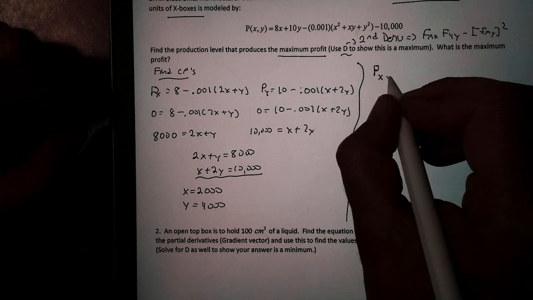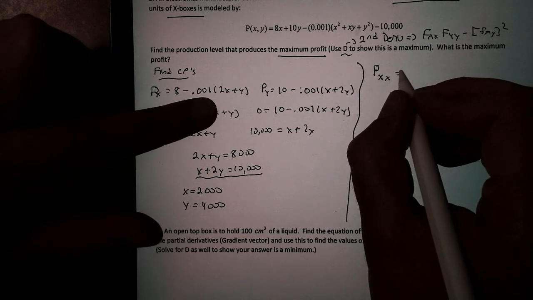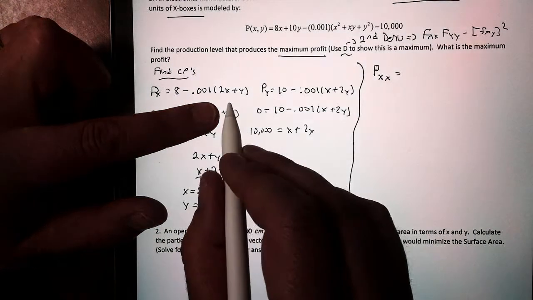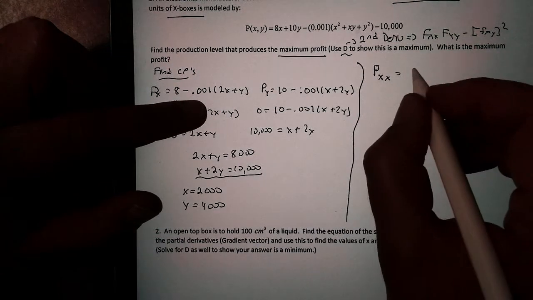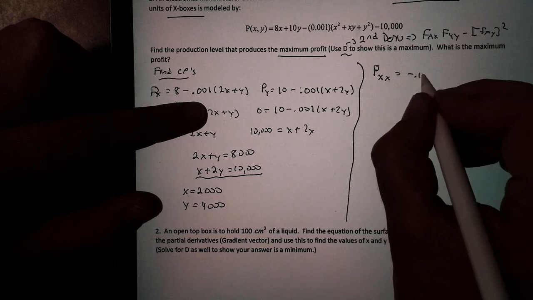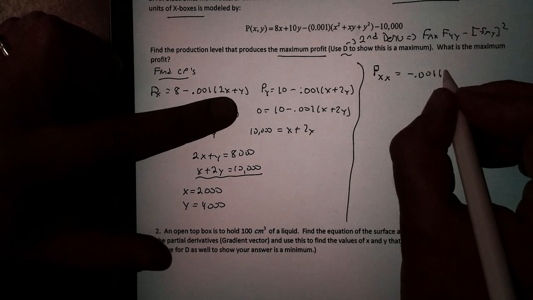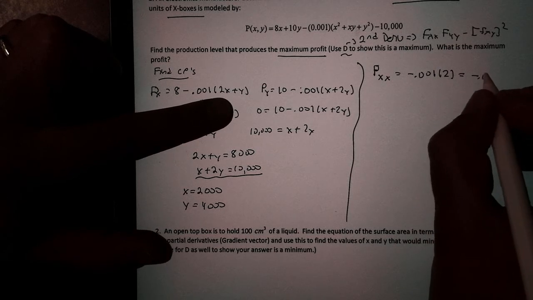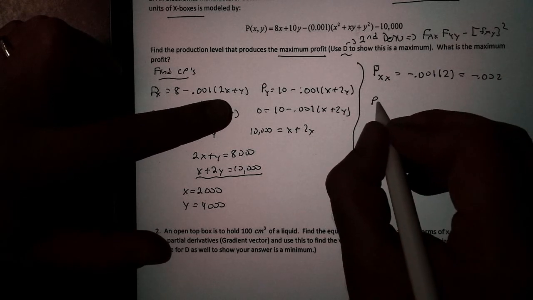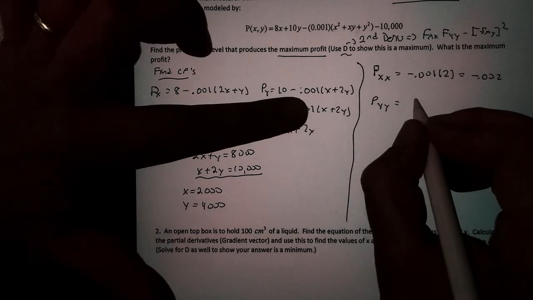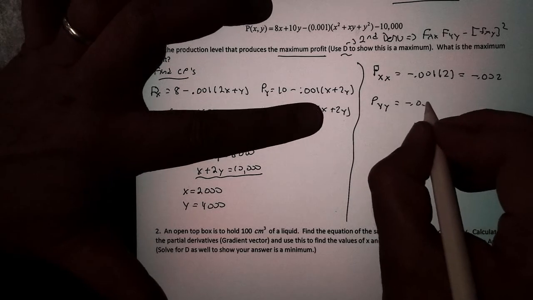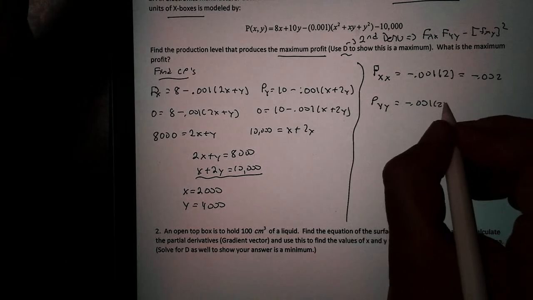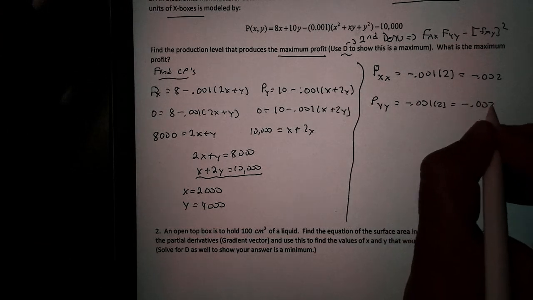The second partial with respect to x just becomes negative 0.001 times 2, which is negative 0.002. My second partial with respect to y, the y just goes away, so we get negative 0.001 times 2, which is negative 0.002.